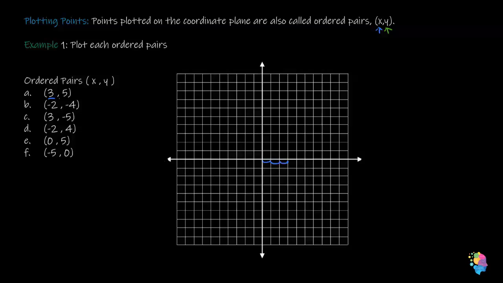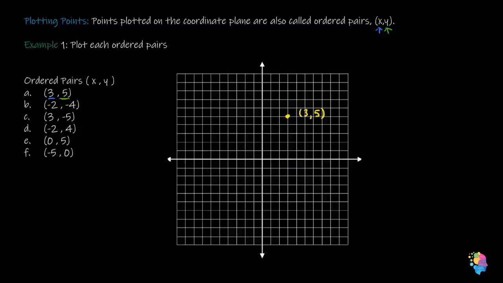The y coordinate is positive 5, so we're going to move 5 up. Now, we don't go back to the origin. We move 5 from where we left off. So that's 1, 2, 3, 4, 5, and that's where we're going to plot our point. This is the location for A. This is 3, 5.